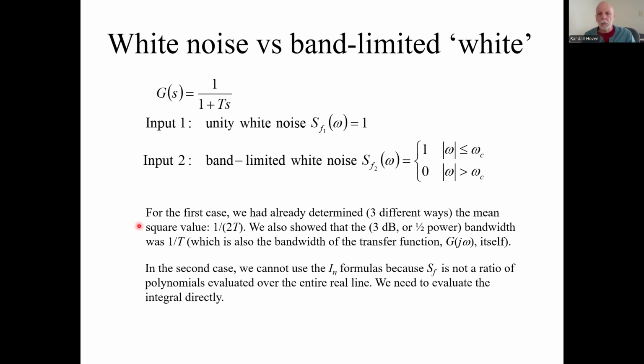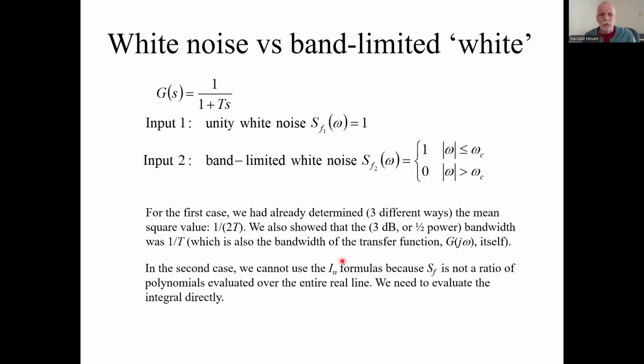In this first case, in previous videos, we already calculated the mean square value 3 different ways. It was 1 over 2T, and the bandwidth of that was 1 over T. Now let's look at this second case.